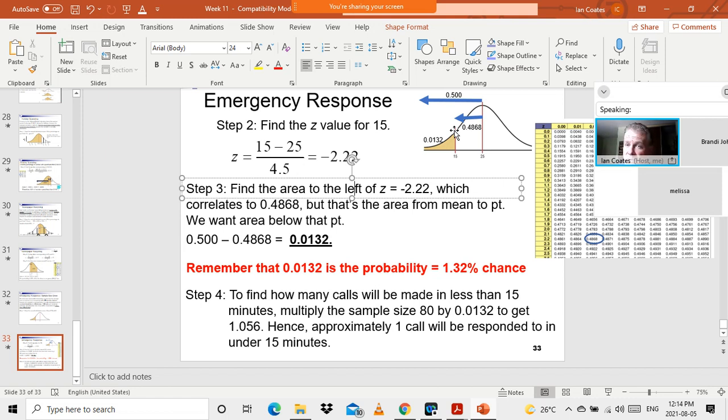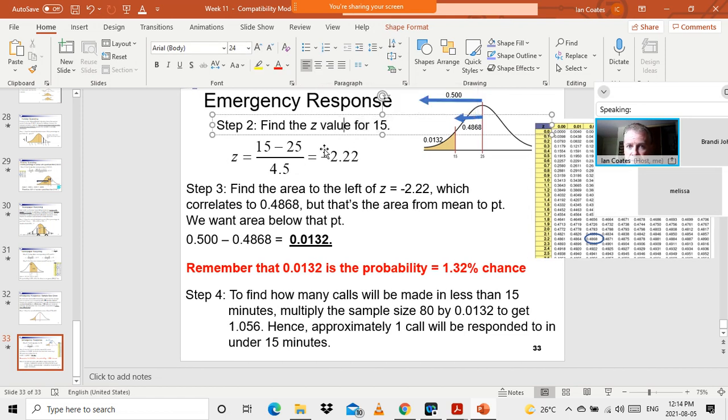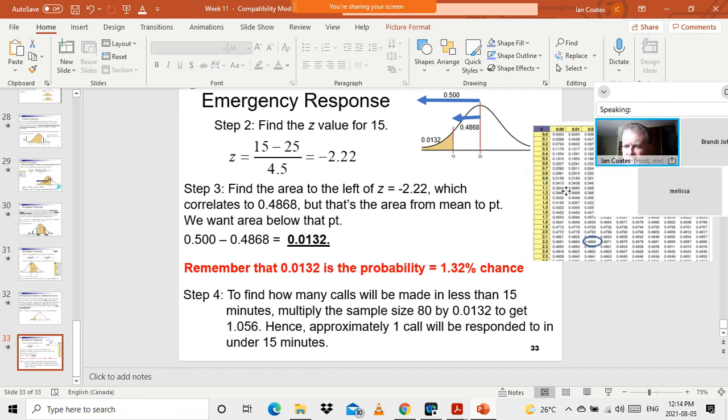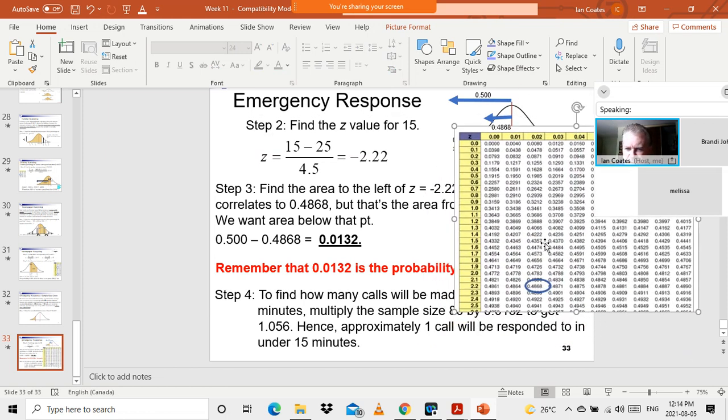But you will remember that your z-table only counts from the mean out. So I input my 15 minus the mean divided by the standard deviation, gives us a number of negative 2.22. All right, I'm going to go to my z-table and 2.22.